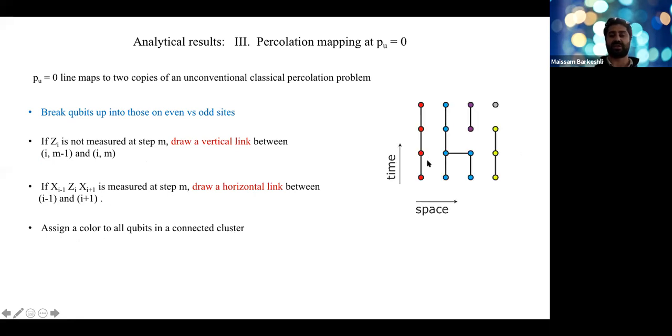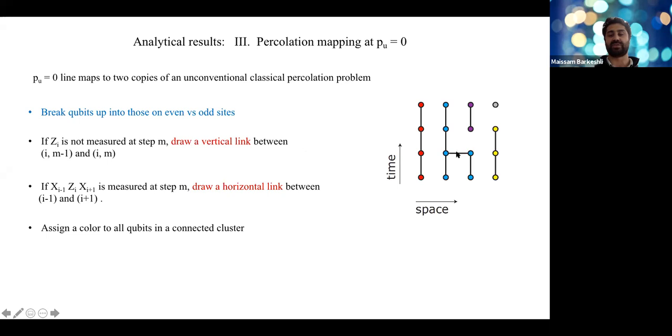So just to illustrate that, suppose that you start with qubits on, say, the even sublattice. In this diagram, if Z is not measured, we draw a vertical link here. The vertical link means Z is not measured. And then if XZX is measured, we draw a horizontal link.